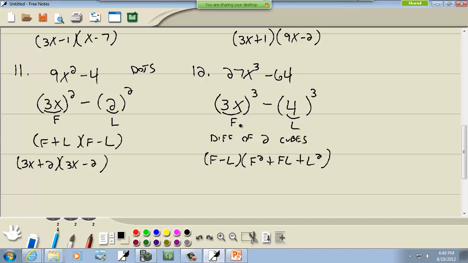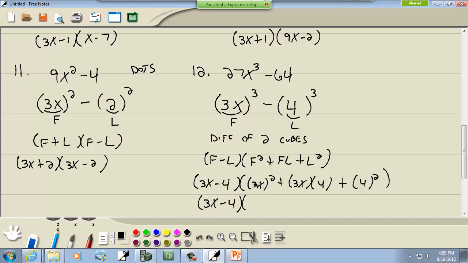Now wherever we have an F, we'll plug in 3x, and wherever we have an L, we'll plug in 4. So we got 3x minus 4 times 3x squared plus 3x times 4 plus 4 squared.